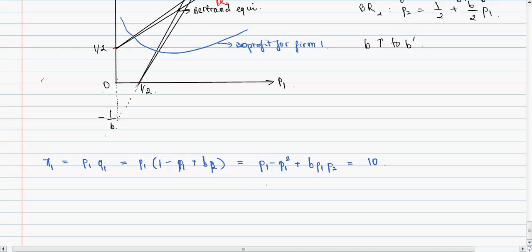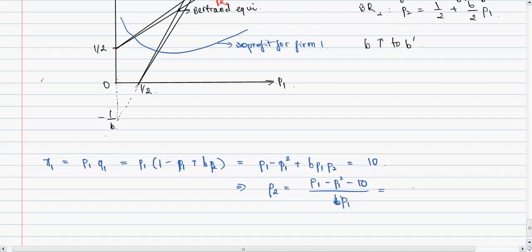So here you got a function of P1 and P2. I'll just have to rearrange this to make P2 the subject because I want P2 on the vertical axis. So P2 in this case is equal to P1 minus P1 square minus 10, divided by B of P1.